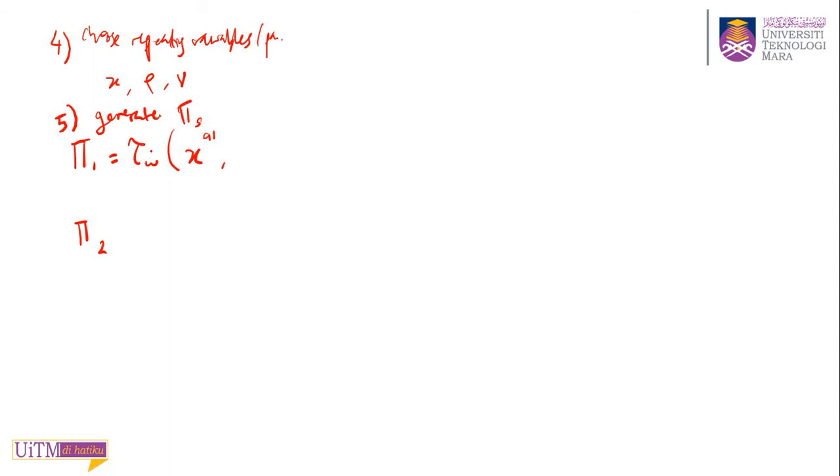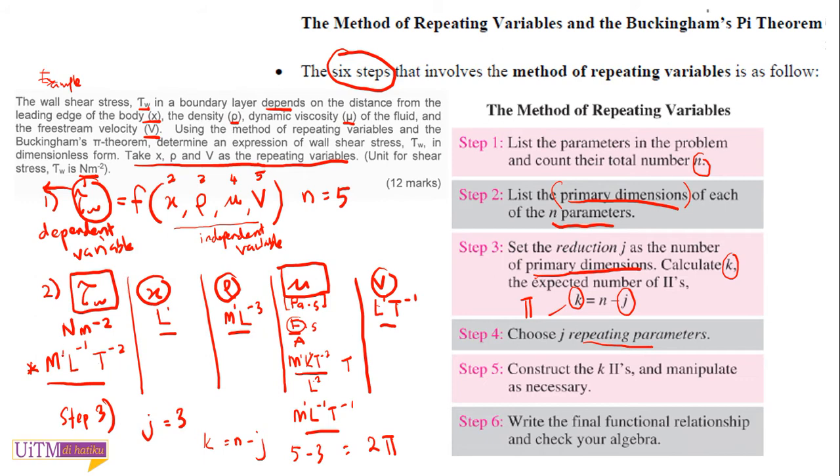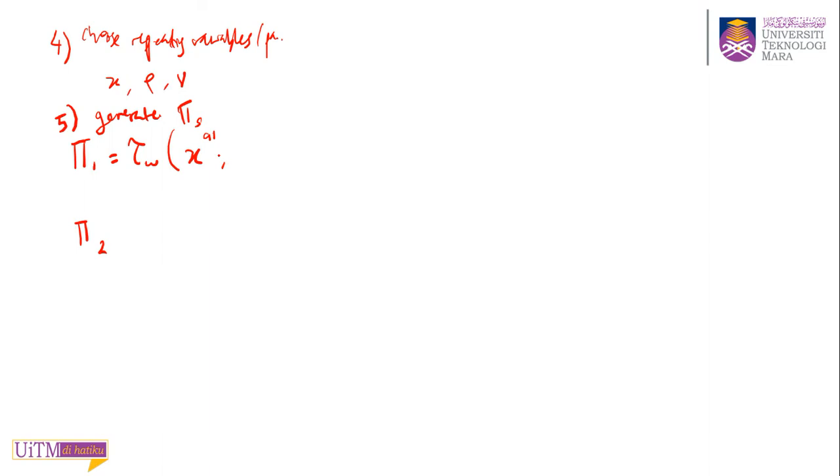That's why I told you why we need to write all this primary dimension with the exponential number, because we want to find the exponents for these repeating variables. So x a1, rho b1 and v c1.